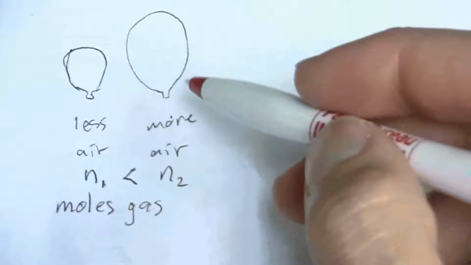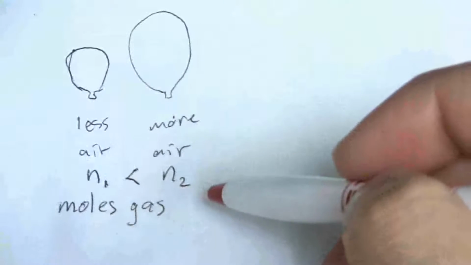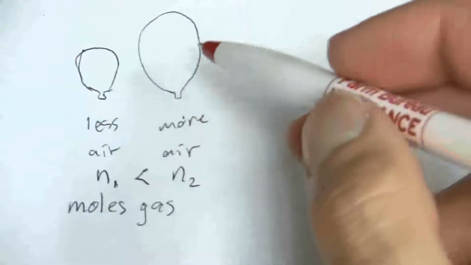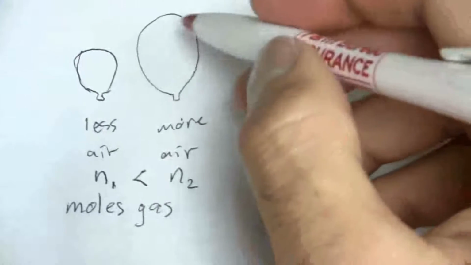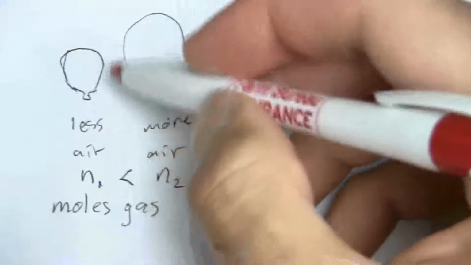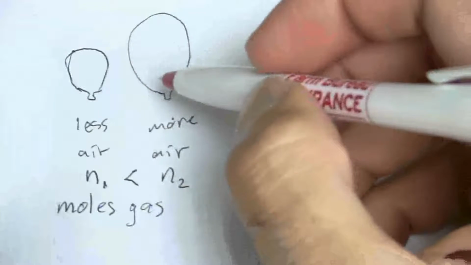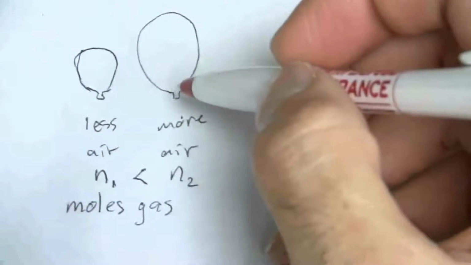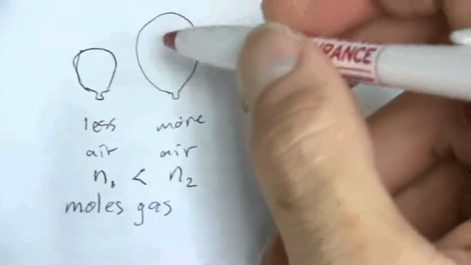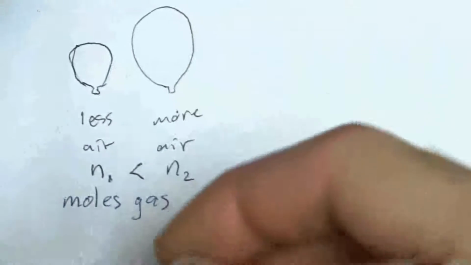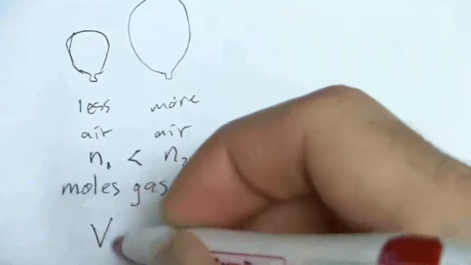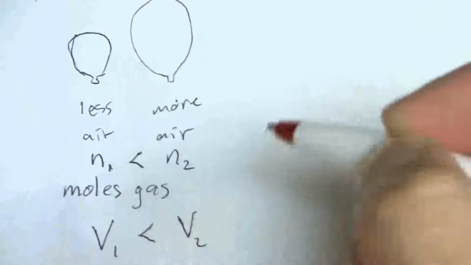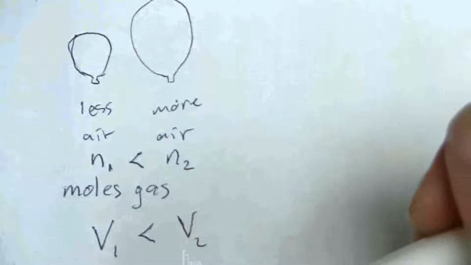So what happens to the volume as I increase the amount of gas in there? I put more gas in there, and we're assuming that the pressure of the small balloon is about the same as the pressure of the more inflated balloon, so that constant pressure we can ignore. But we see that the volume also increases with the moles.